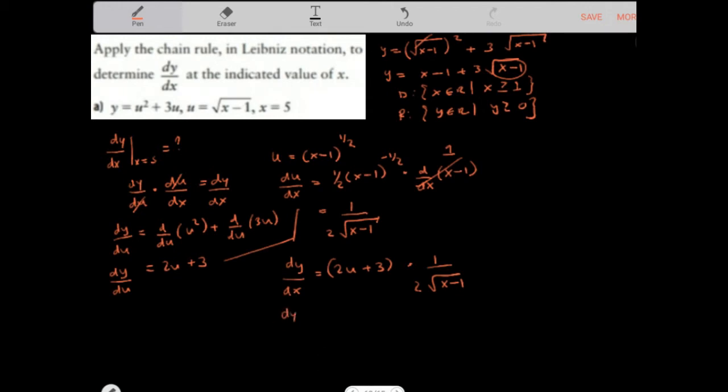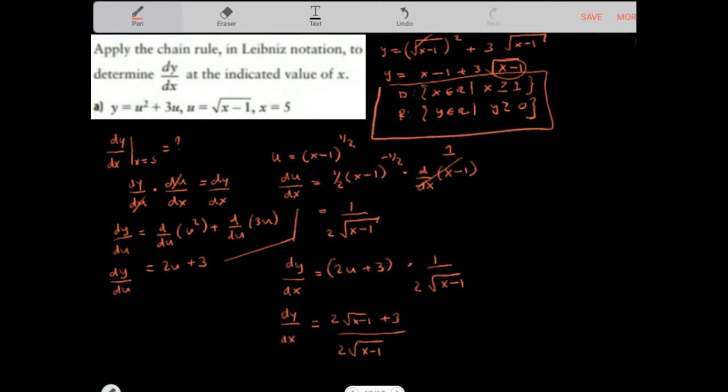So you can write dy over dx is equal to 2 square root of x minus 1 plus 3, over 2 square root of x minus 1. Now we can note here that the domain and the range contain restrictions. Specifically, we wanted to find the value of dy over dx when x is equal to 5.